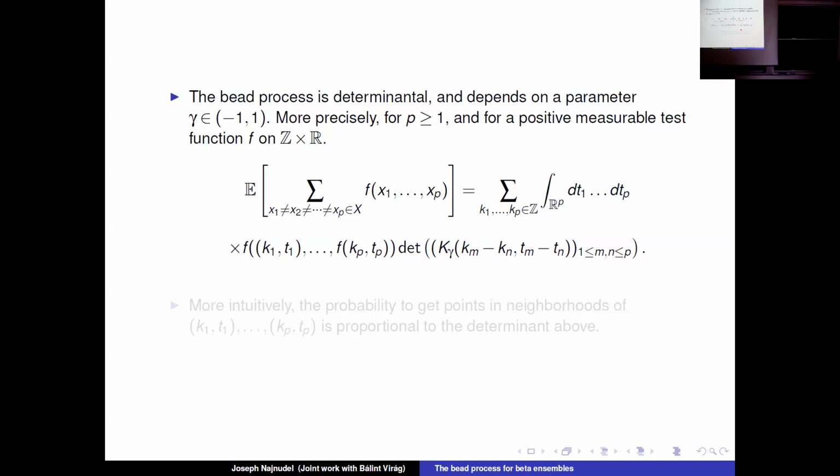The determinant intuitively gives the probability to have a point near T1, a point near T2, up to a point near TP. It's the joint probability to have simultaneously points at T1, ..., TP. And this is given by this determinant. And then I will say what K gamma is.